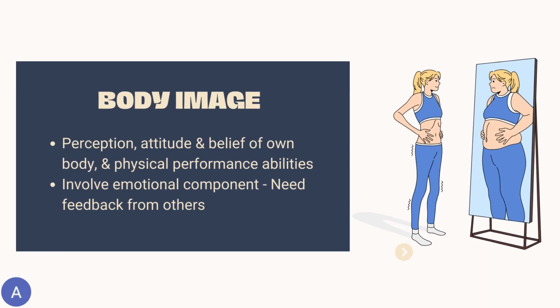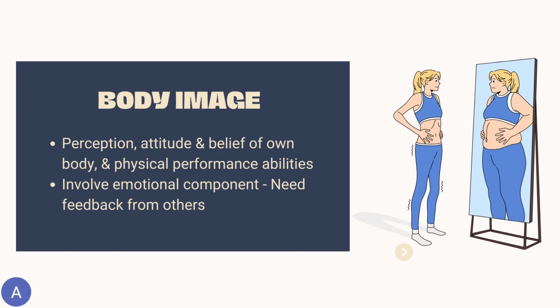Now is body image. Body image is different from body schema because body schema is usually very accurate: you are aware of your body and how you use it with the environment, so you know how much more you can go and how much you can do. But body image usually does not come out correct, because it is the way you perceive your attitude and your belief of your own body and physical performance abilities.